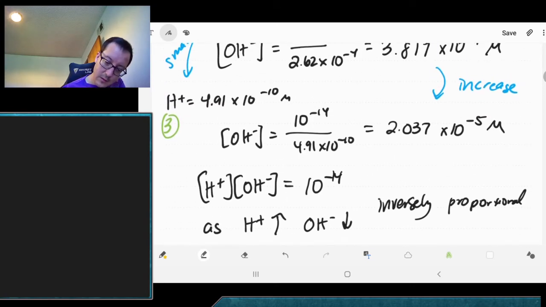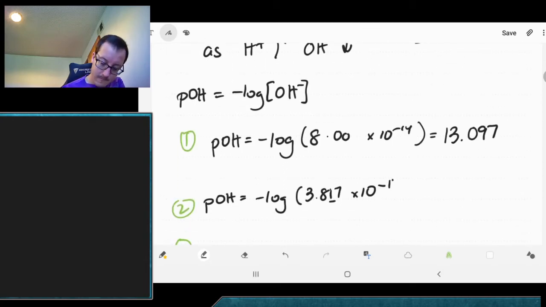To the negative 11. All right, let's do it. Negative log 3.817 times 10 to the negative 11. Our pOH is 10.418.